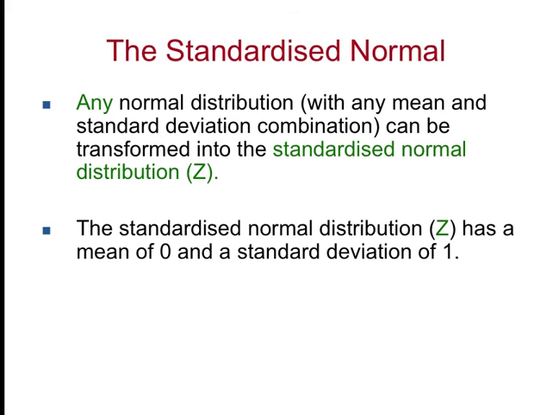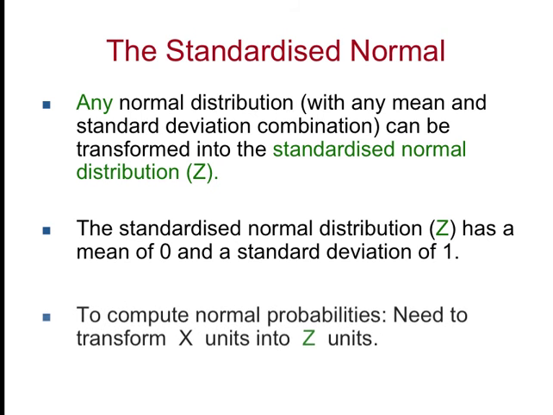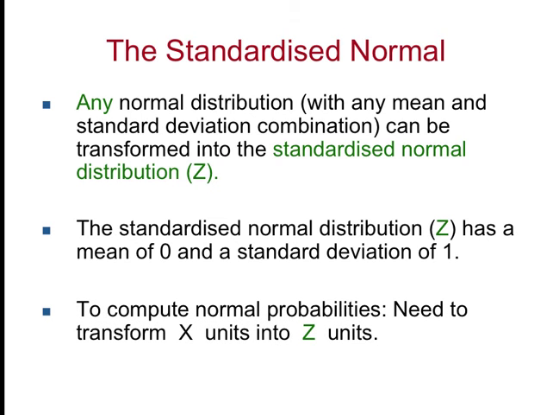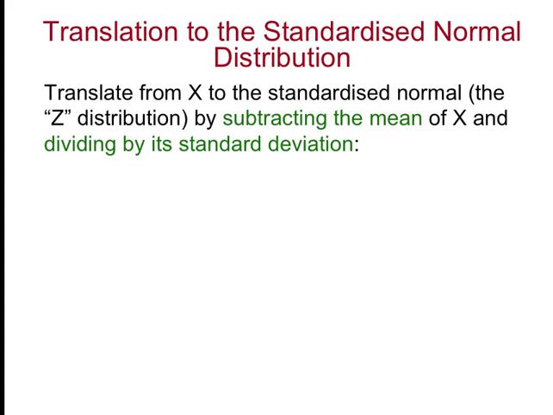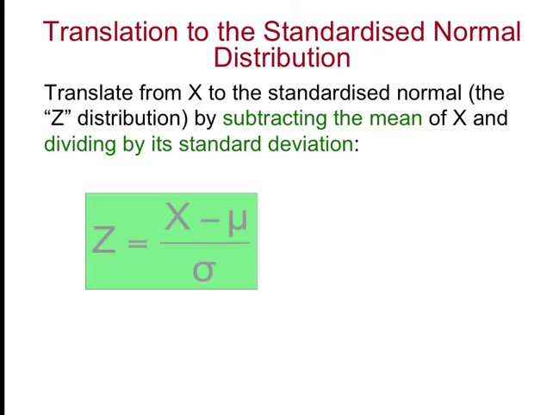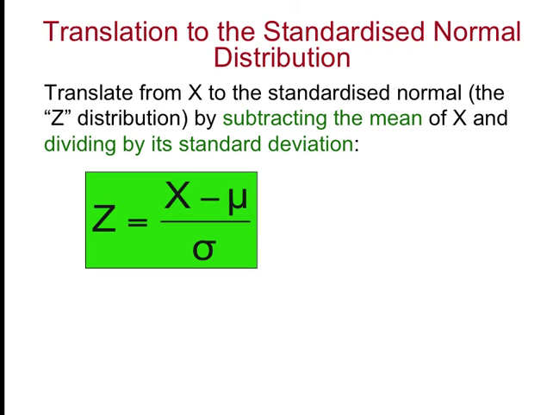The Z distribution has a mean of 0 and a standard deviation of 1. To compute normal probability, you will need to transform X units into Z units. In order to convert a normally distributed variable X to a standardized normal variable Z, you will subtract the mean of X and divide by its standard deviation as given by this equation here.